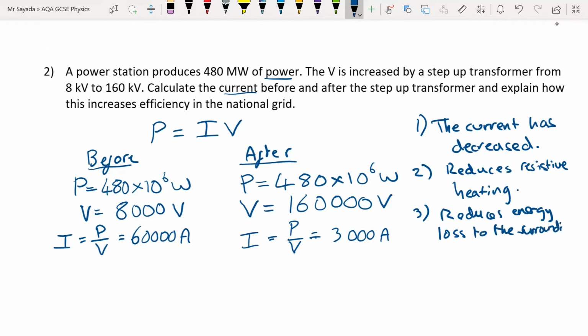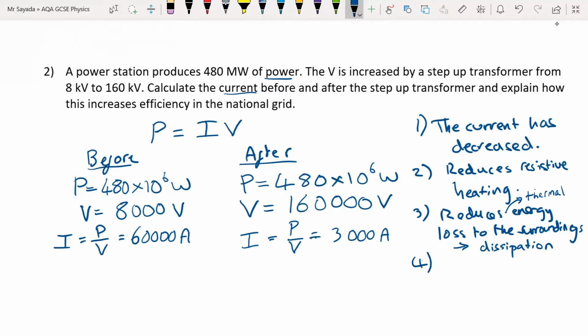What's the word that begins with D, which we can use to say that? You should have said dissipation. So it reduces the dissipation. It reduces the energy loss to the surroundings. We should mention the type of energy there. So the thermal energy loss to the surroundings. So it reduces the thermal energy loss to the surroundings.